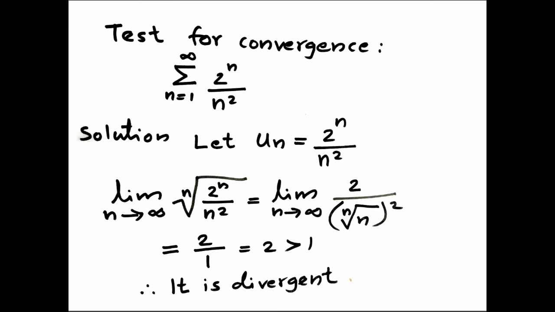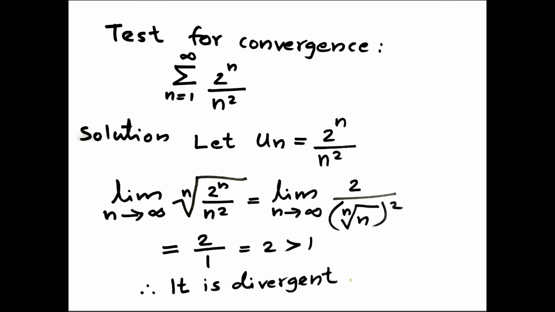Our next question is, test for convergence sigma n equal to 1 to infinity 2 raised to n divided by n square. Solution: let un equal to 2 raised to n divided by n square. Then limit n tends to infinity nth root of 2 raised to n divided by n square is equal to limit n tends to infinity 2 by nth root of n the whole square.